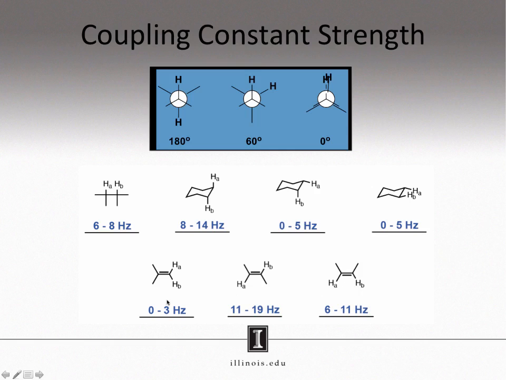You can see how each orientation has a different coupling constant value range. If we know we have two protons that are part of the same alkene, we can know whether they are on the same carbon, they are trans, or they are cis, simply by looking at which range their coupling constant falls into. Do not memorize these values. If they are needed, they will be provided to you, but do know how to use them.